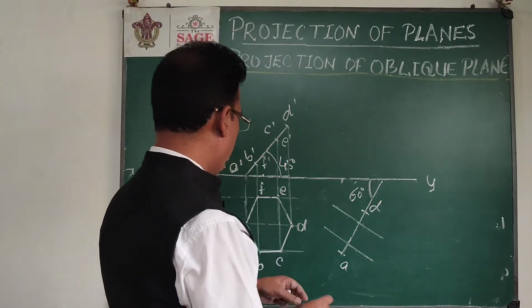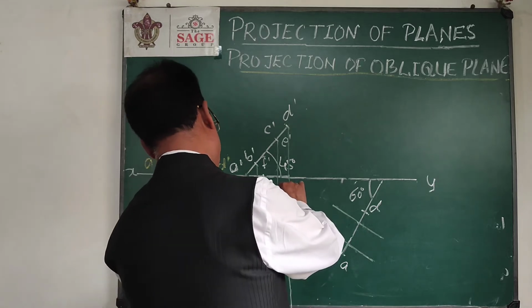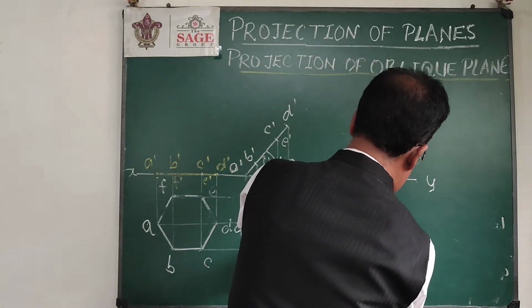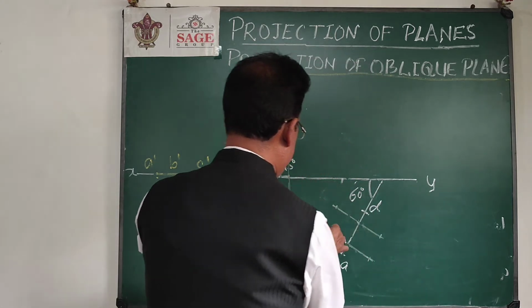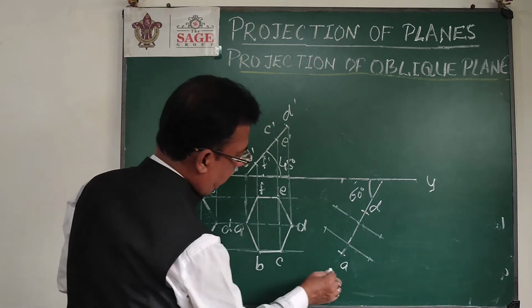The distance of all 4 points from AD will be the same. So I will mark these 4 points, and easily I will get all these points.